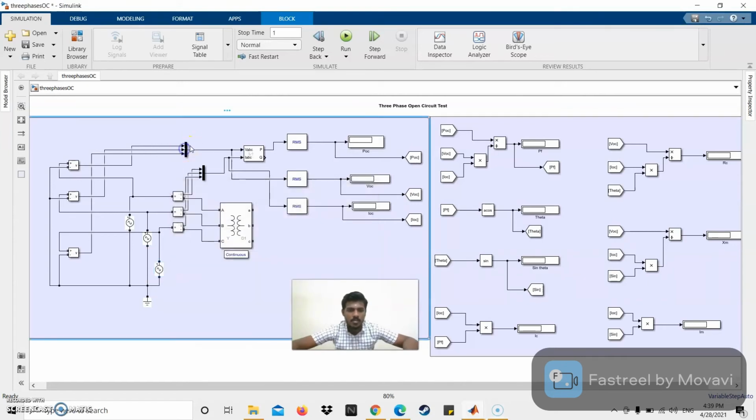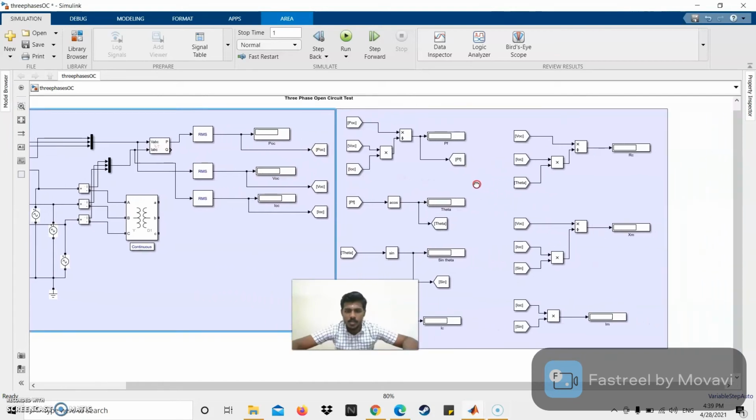Here we use a mux to connect 3 inputs, also the same, so VABC and IABC. Here the tag, and also here.